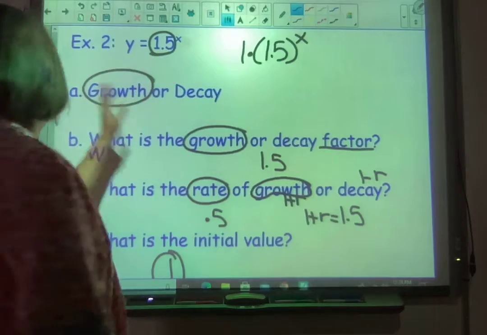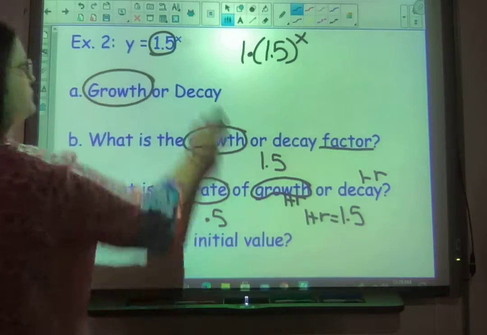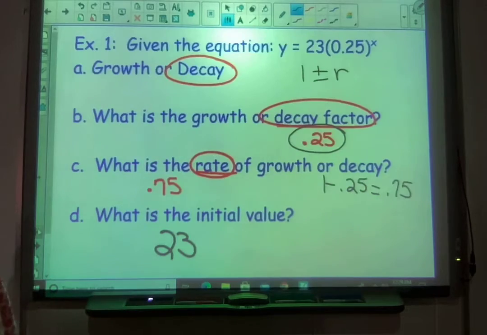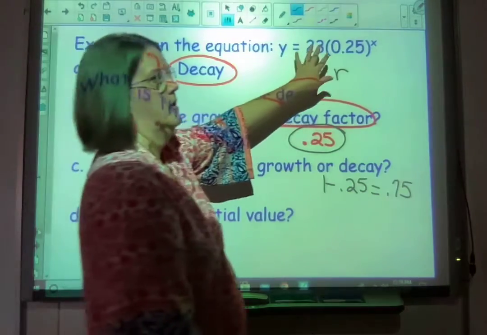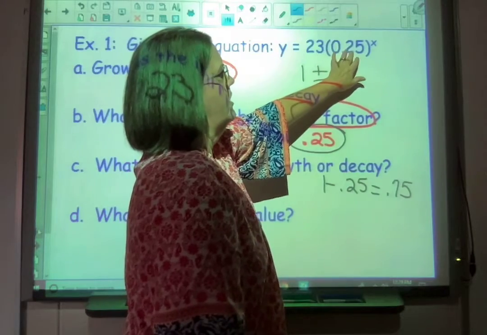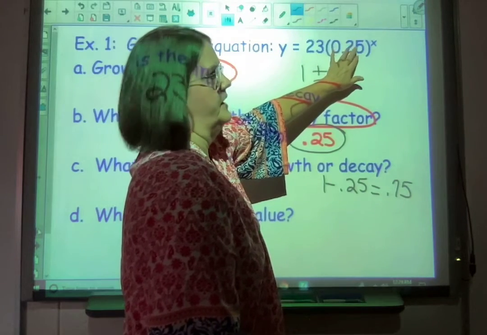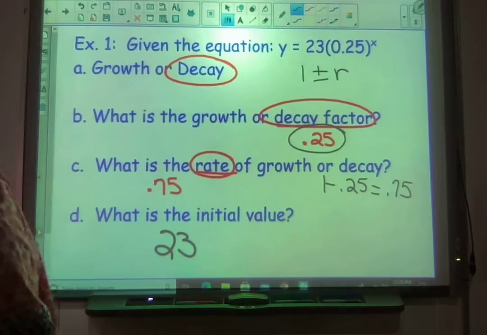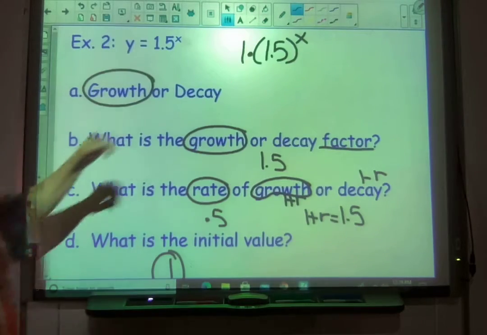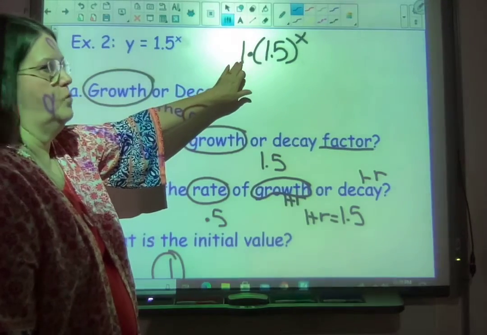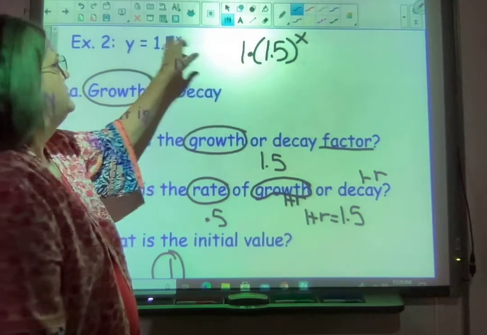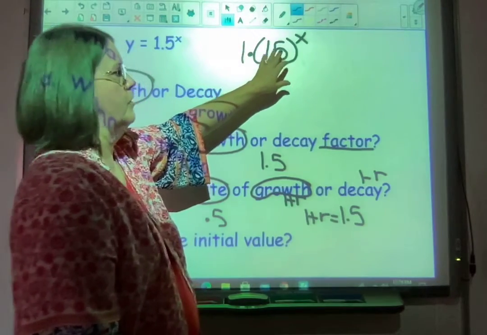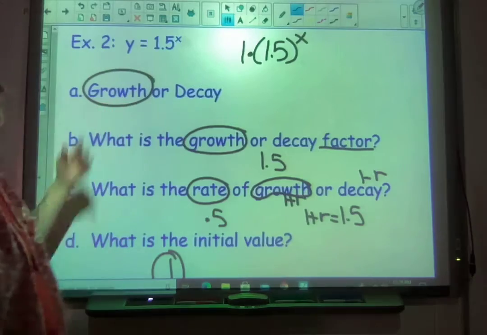This one has no number. If you notice, it's just written like this, which is confusing. It always confuses y'all because there's more than one number with exponential growth. The number here is the factor. It is the base. This is your initial starting point. This one here doesn't have parentheses, because your initial starting point is 1, and we don't ever write ones. So 1.5 is either growth or decay, and since it's greater than 1, it's your growth factor.